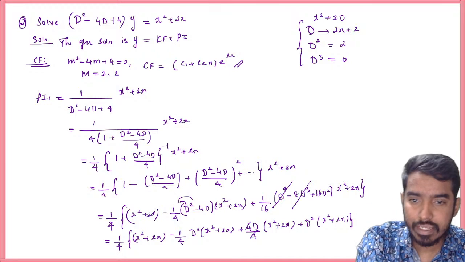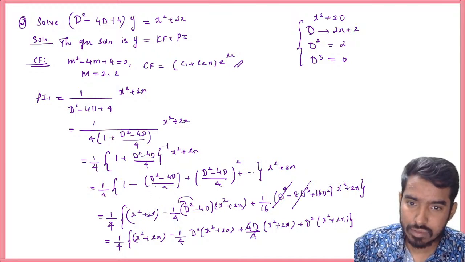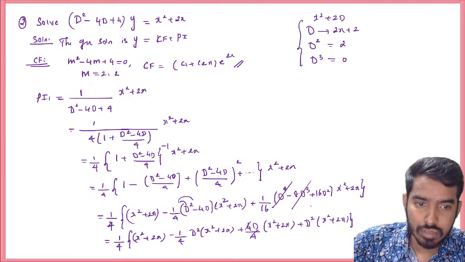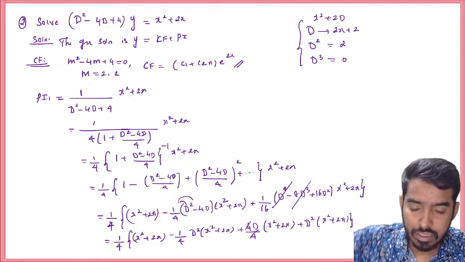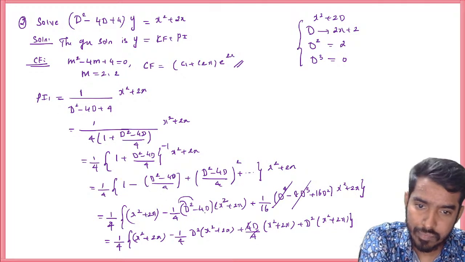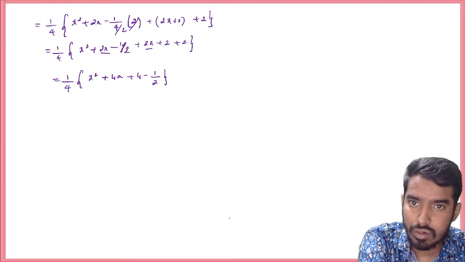Okay, what is the term we are getting? We have x square plus 2x, 1 minus x plus x square, and so on.